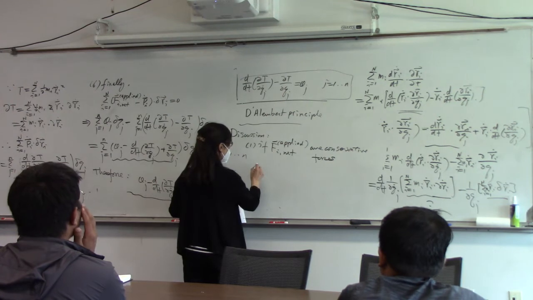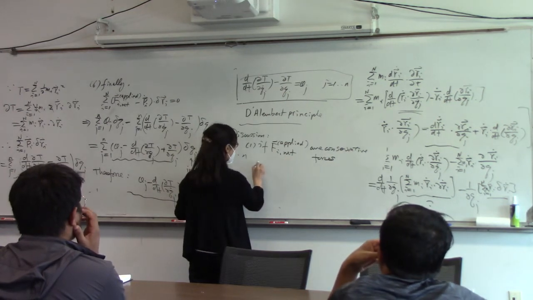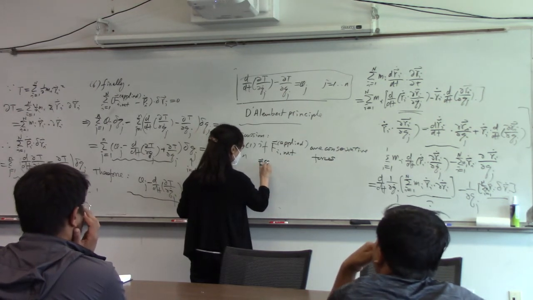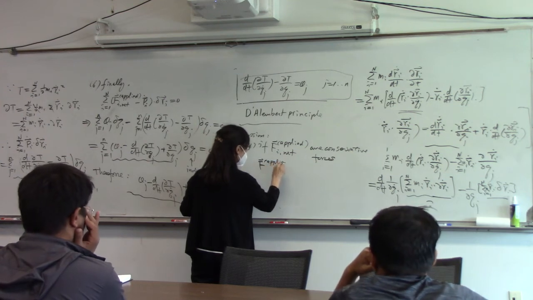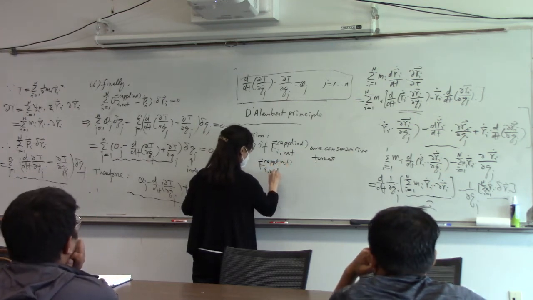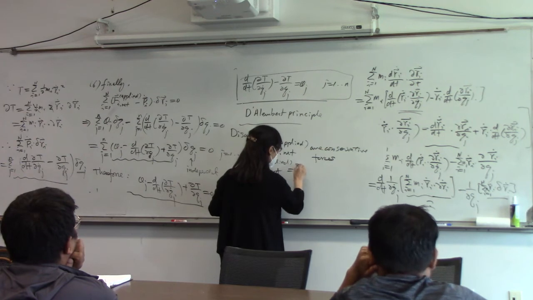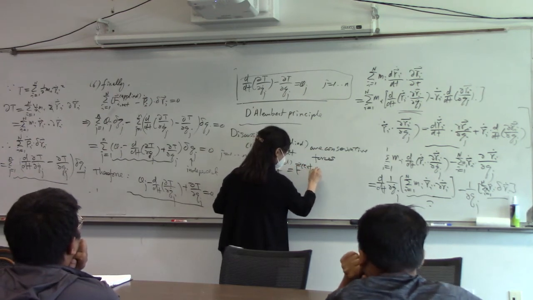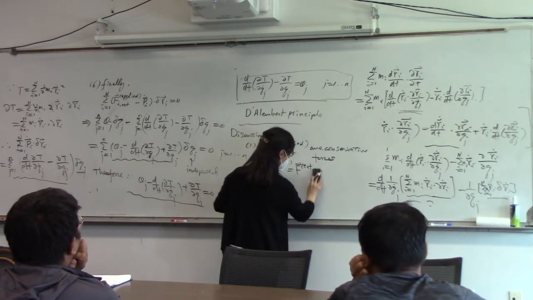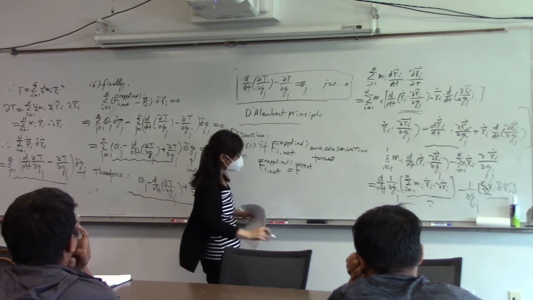So now, let's consider that if this is conserved, we have two parts. One is external applied. Since external is applied, except for all constraints, we call it applied.